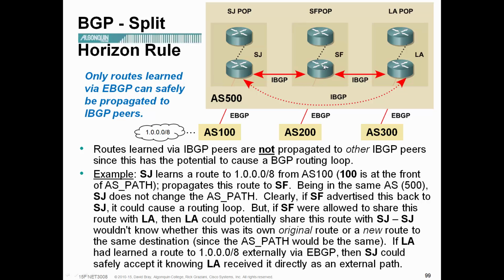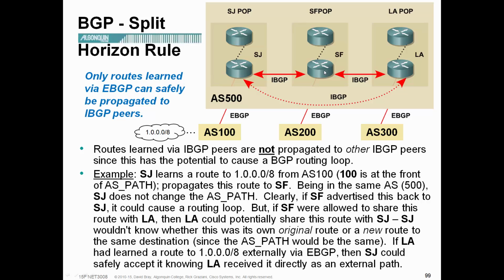So SJ, even with the split horizon rule, is eligible to advertise that path to its iBGP peer, SF. Now, SF is in the same AS500 as SJ. So as SJ advertises this path onwards, it will not prepend the AS number of 500, because it has not left the AS. There's no change in AS. Now, clearly, if SF were allowed to advertise this back to SJ, that would be a routing loop.